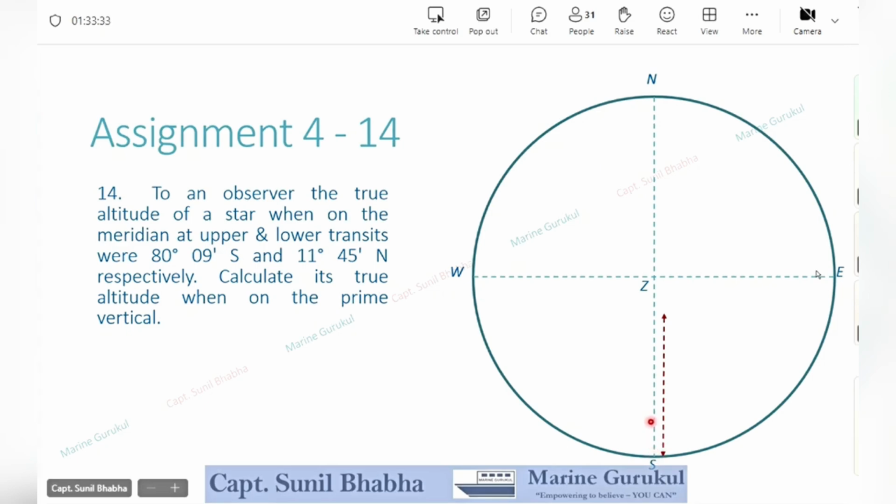From S, 80 degrees 9 minutes away is where the star is. And the star is at northerly bearing with an altitude of 11 45. Northerly bearing is represented by line ZN. So on this line ZN, from point N, which is the horizon, we come up 11 degrees 45 minutes. This is where the star is. So the same star is observed at upper and lower transits in these two locations.